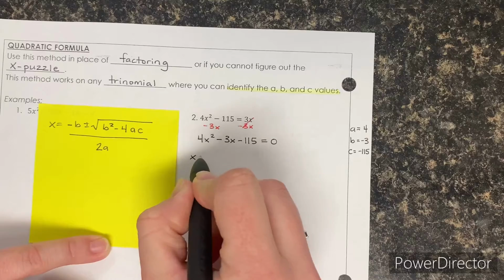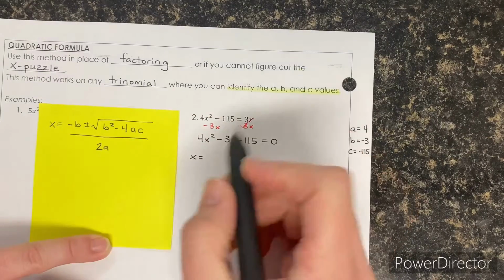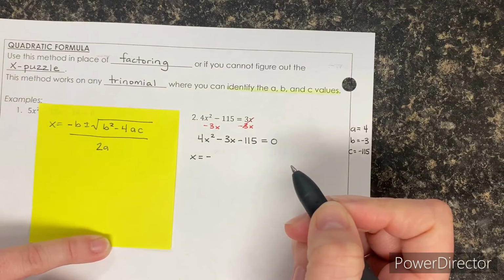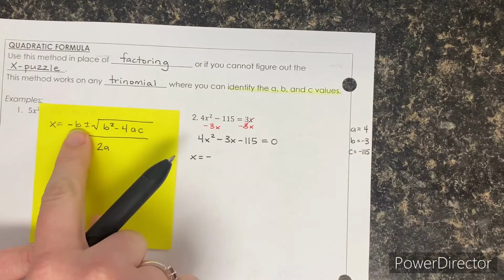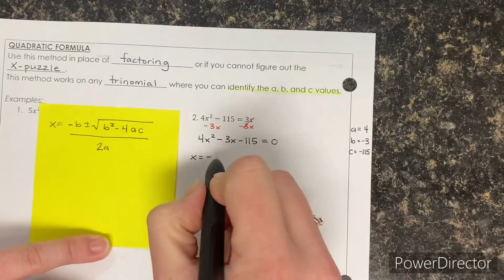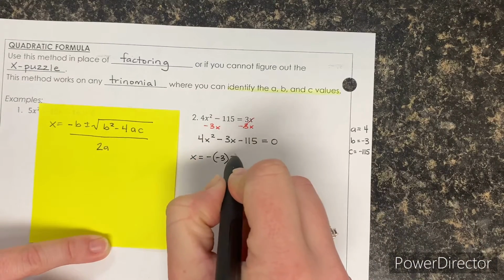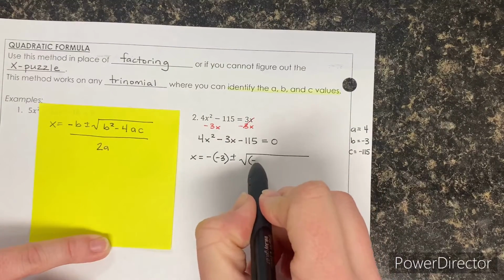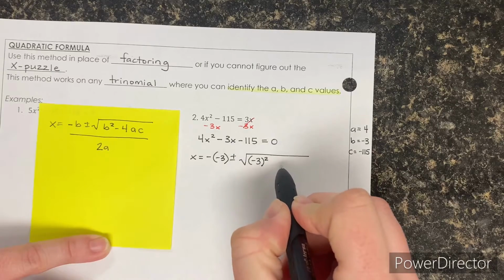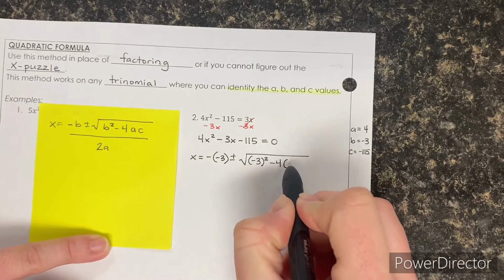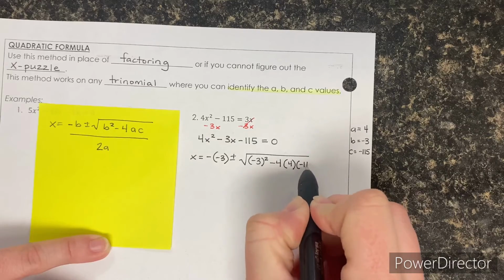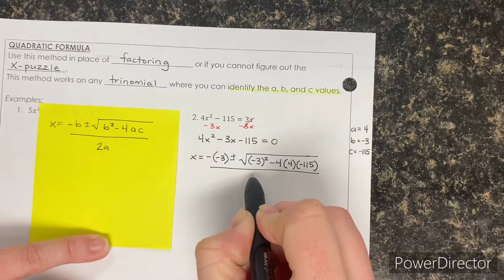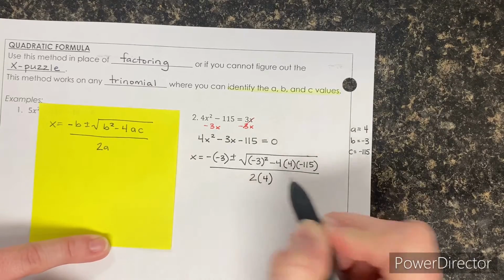So I'm going to start with x equals. Always start with that. I've got negative, and remember, anytime you plug in a number, you need to have parentheses around it. So my b value, that's the first thing I've got to plug in, so negative 3, plus or minus, I've got the square root right here, b squared minus 4ac, all over 2a.